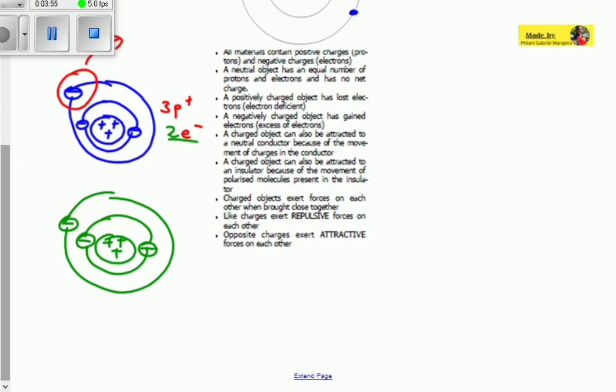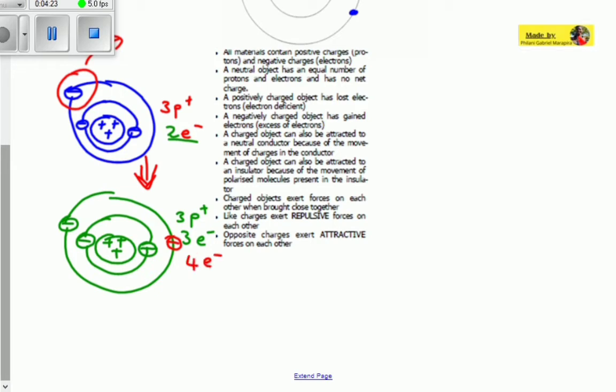But then if this object gains an electron from another object, it becomes negatively charged. For example, here we're having 3 protons and 3 electrons. The negative charges and the positive charges are equal. If this object gets an electron from that one, there's an electron transfer, so this one will now have 4 electrons.